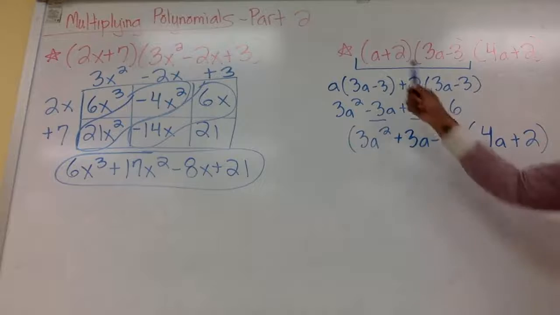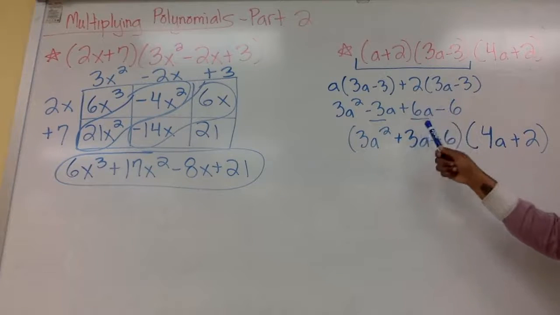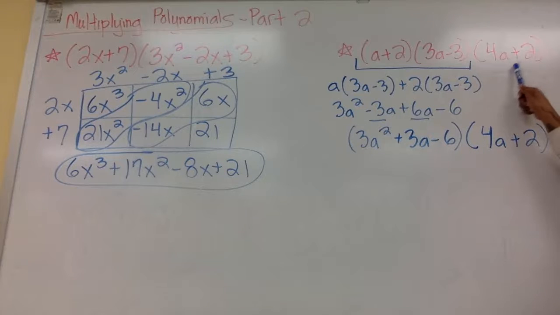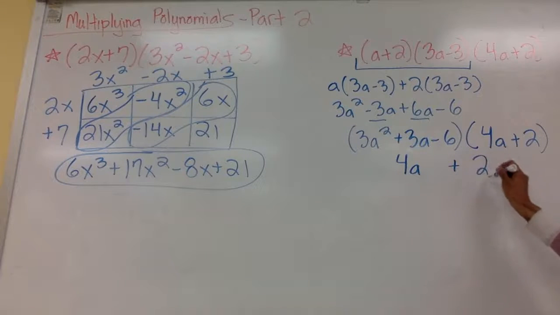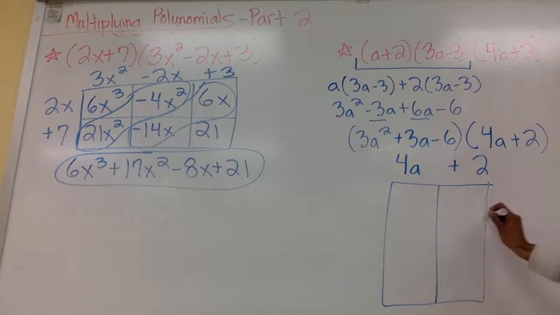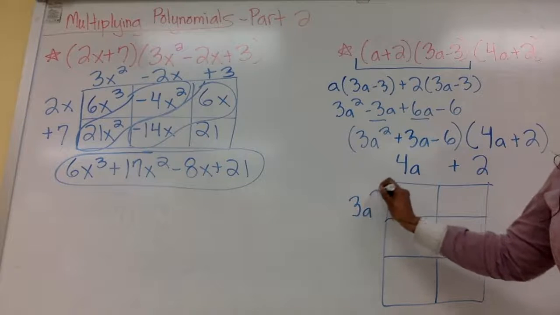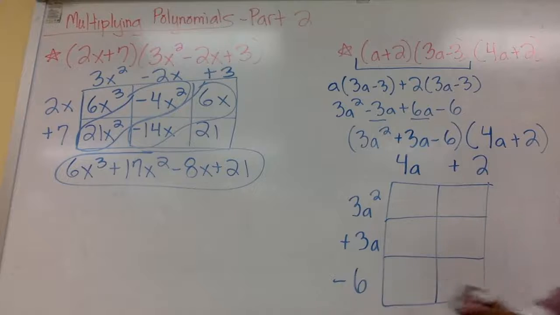So we did the first 2 binomials. We multiplied those. I did the distributive property. Now I'm going to take my answer, and I need to multiply it by 4a plus 2 because we haven't done that yet. So I'm going to set up a box. 4a plus 2, and 3a squared plus 3a minus 6.